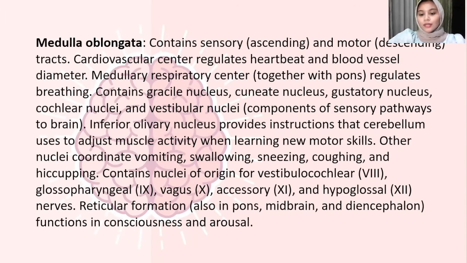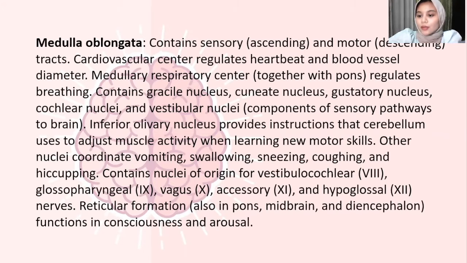The cochlear nuclei in the medulla are part of the auditory pathway from the inner ear to the brain, and they receive auditory input from the cochlea of the inner ear. The vestibular nuclei in the medulla and pons are components of the equilibrium pathway from the inner ear to the brain.